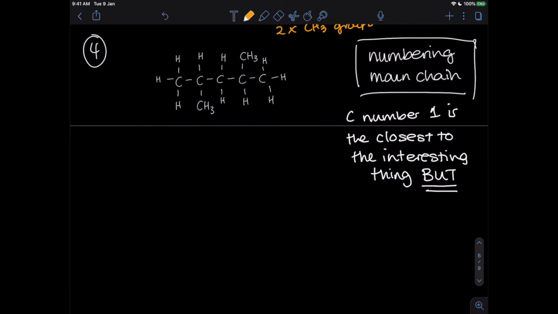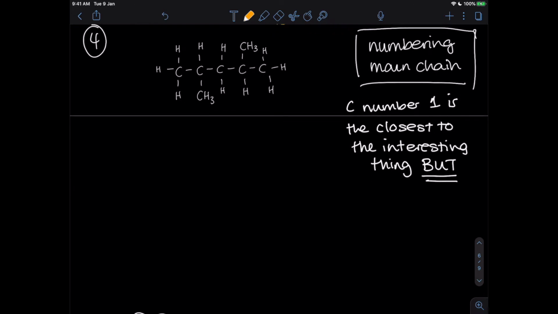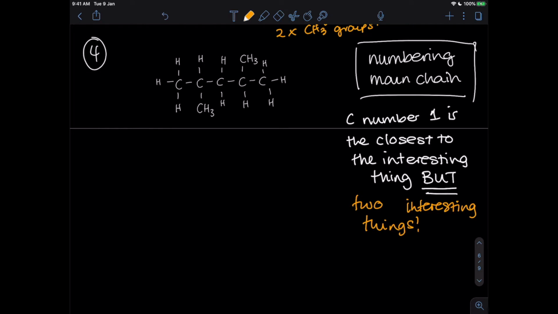So remembering again that when we're numbering our side chain, carbon number 1 is the closest to the interesting thing. In this case, we have got 2 interesting things, and they are the same, which is a problem. But what we can do in this case is not too bad, because they're both on what would technically be carbon number 2, so either carbon could be number 1.